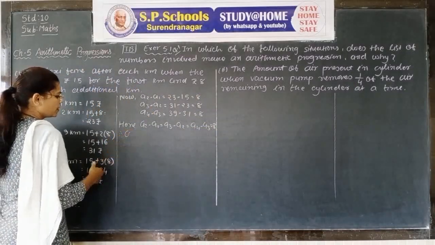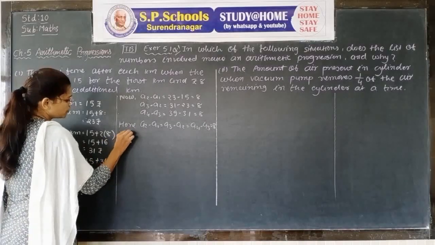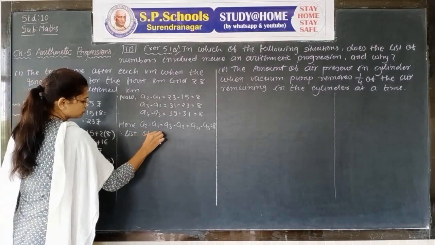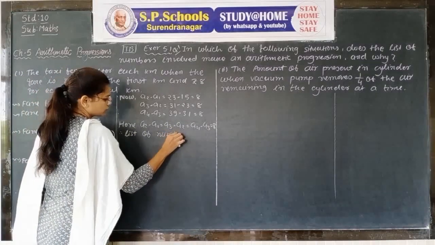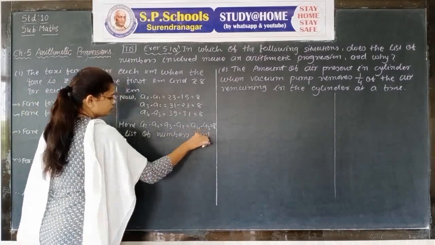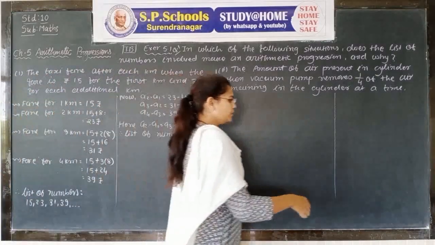Therefore the list of numbers forms an AP.